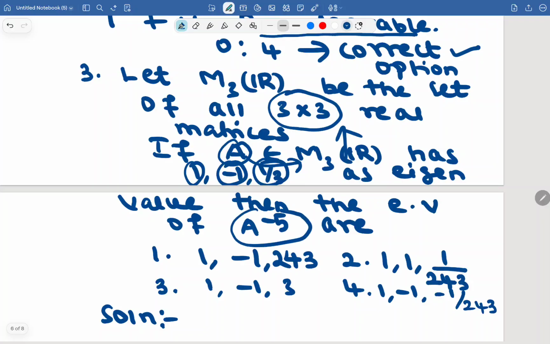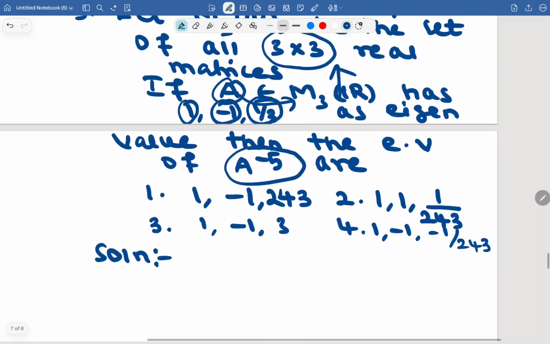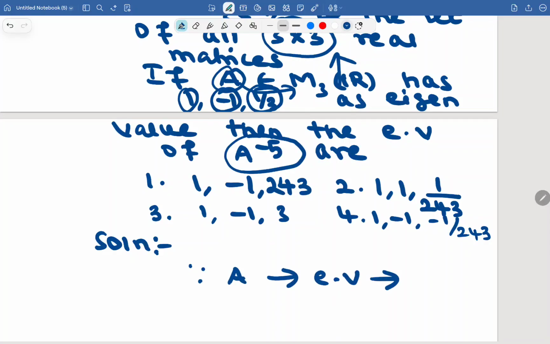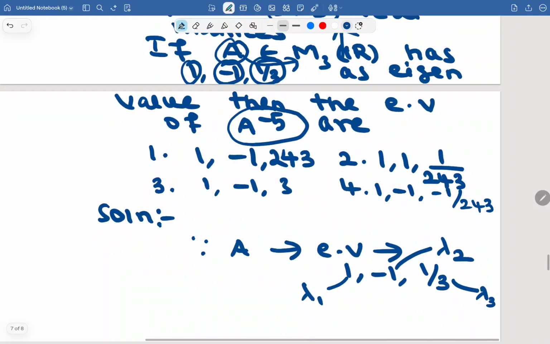Then we have to find the eigenvalues for A power minus 5. Since the eigenvalues for A are 1, minus 1, 1 by 3, this is lambda 1, this is lambda 2, this is lambda 3.